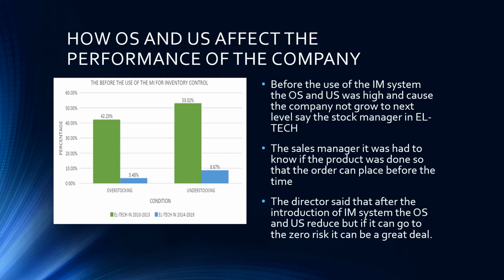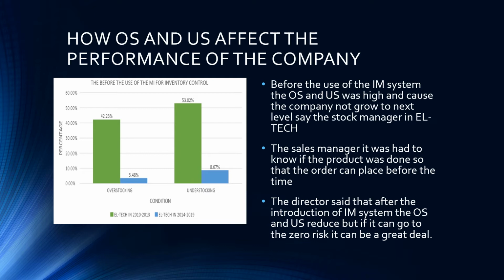Then the stock manager at LTech said that before the use of the inventory management system, overstock and understock were higher and caused the company not to grow to the next level, which was a loss, of course. Then the sole manager of LTech told me that it was hard to know if the product was finished, so that the order could be placed before time, which caused understocking, of course.